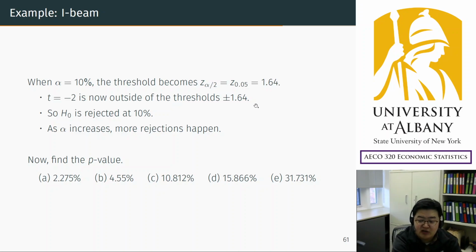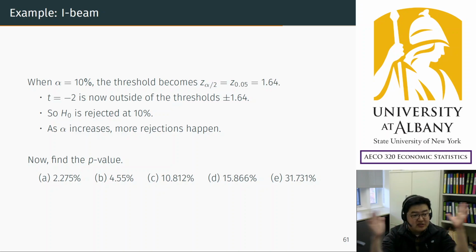In here now, it becomes 1.64. So -2 is outside of the thresholds, right? So the null hypothesis must be rejected. That's how it works in the t-statistic approach. When alpha changes, the threshold should change, and you just compare the standardized difference with the threshold.